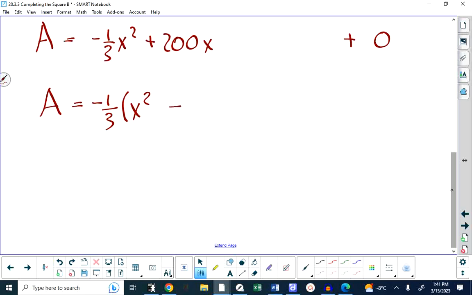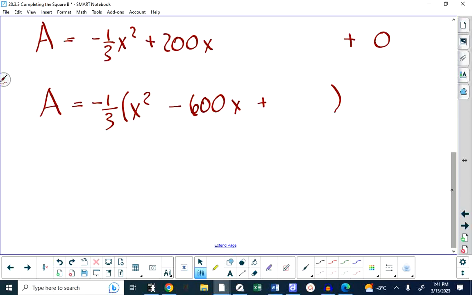How many x's are we going to have when I factor out 1/3? 600 is right. Because 1/3 times 600 would give you 200. Now we look at what we add. So you have to take half of 600 and square it.